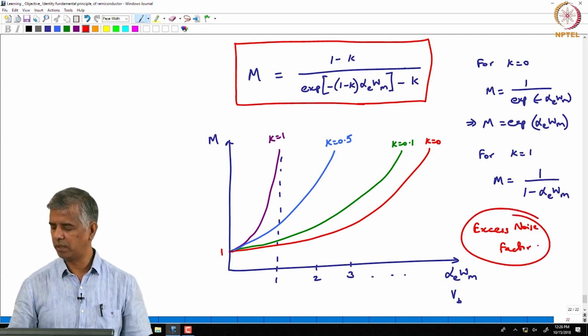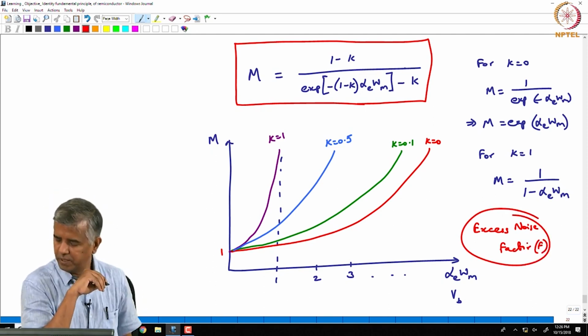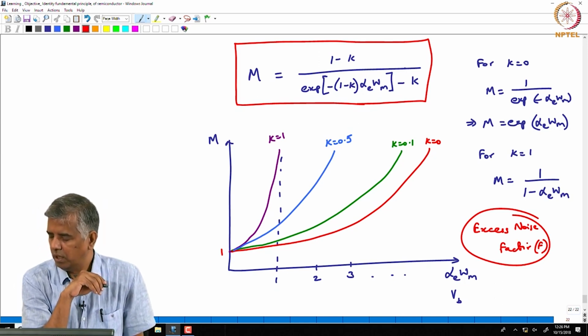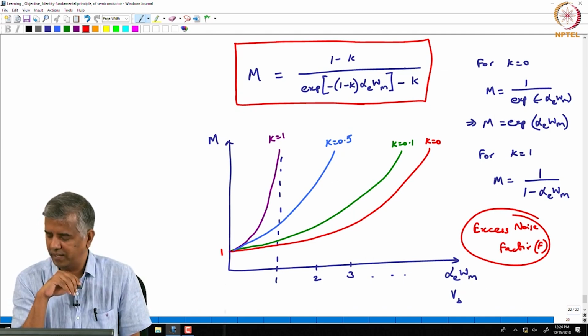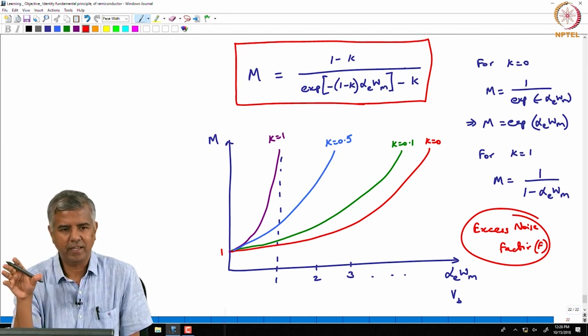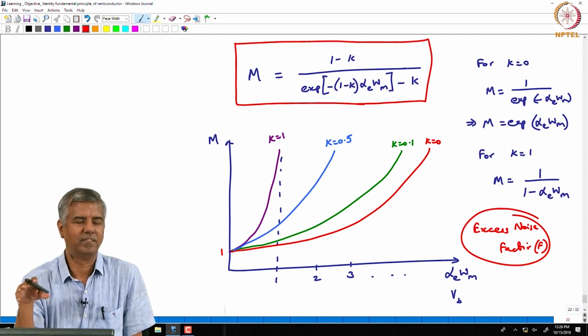So, we need to consider this excess noise factor, which we can represent as F. Okay. Why do we call it excess noise factor? That is to say that inherently in the photodiode you are going to have some noise. Okay.